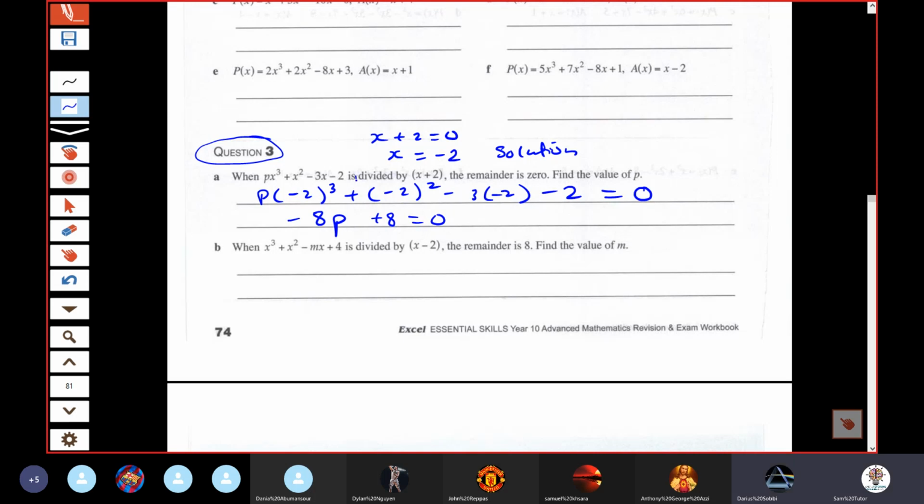I just typed it into my calculator. And what did it say? It said 0. That bit there gave you 0. Oh no, the whole thing. No, you can't put the whole thing into your calculator, because you've got a p still. You're solving. Forget polynomials.